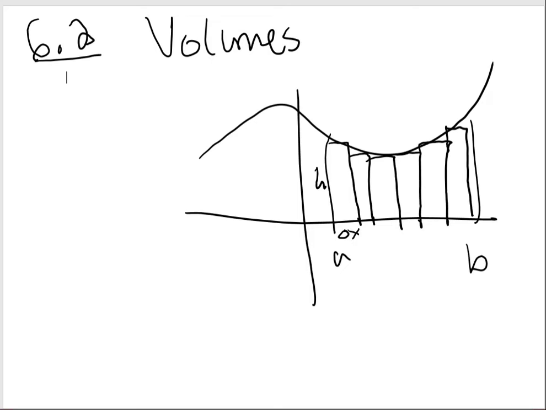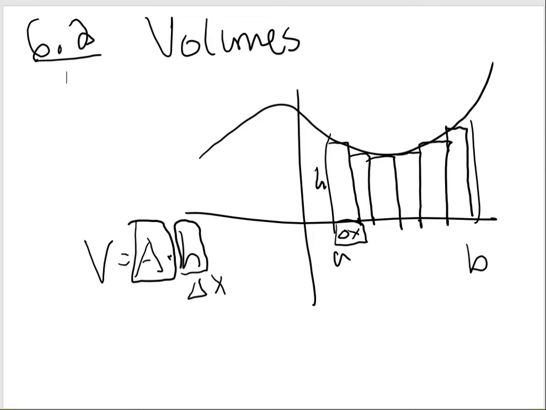Now here, we still have our width, right? Our volume was area times height. This height is now our width, our delta x we have here. But what's this area? Well, this area is what we called our height before, our function value.